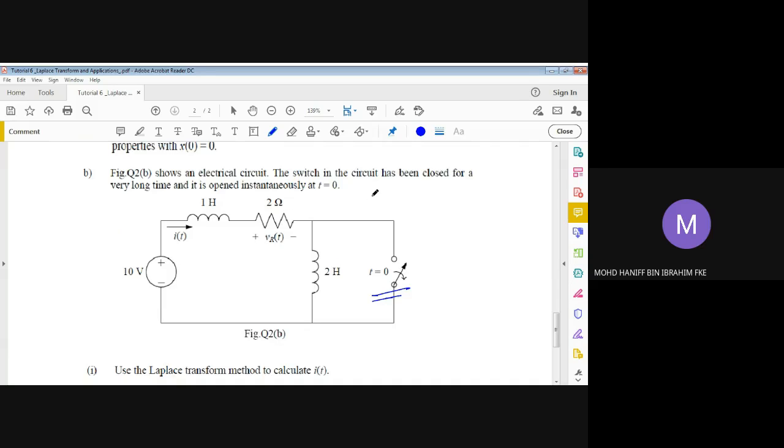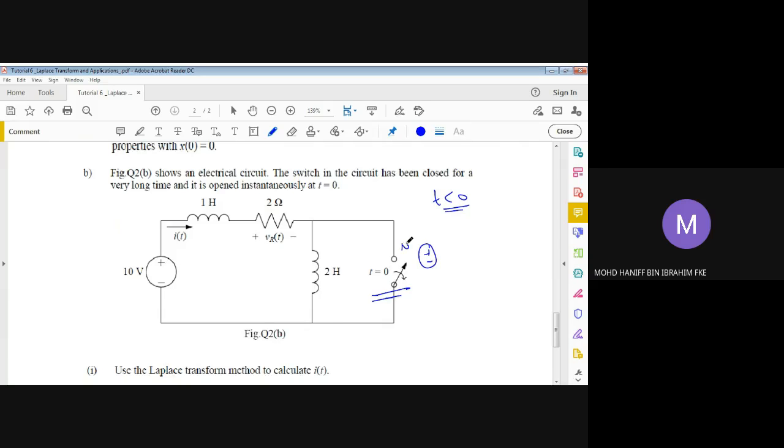So we can deduce the case for t less than 0, in time domain. The switch has been closed for a very long time, and it is open at t equals 0. For t less than 0, we can sketch the circuit in time domain, which will look like this.